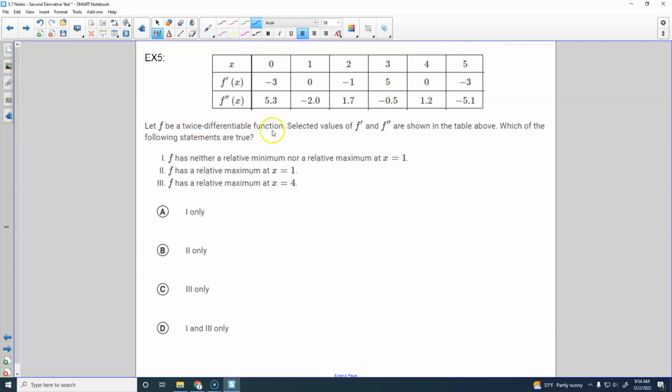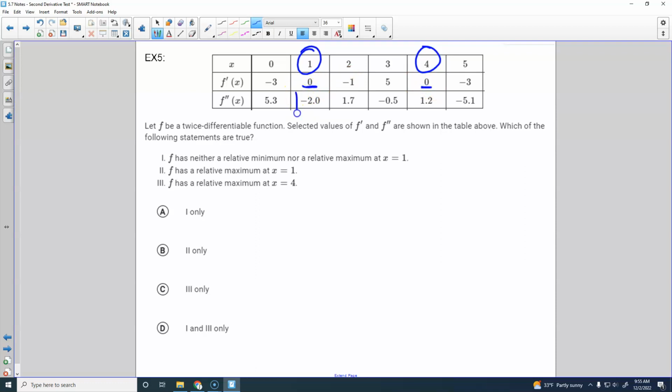So let f be a twice differentiable function, and we have to tell what's true. So f has neither a relative minimum nor a relative maximum at x equals 1. Then we're looking at x equals 1 and then x equals 4. So what are 1 and 4? They are critical points because our derivative equals 0.